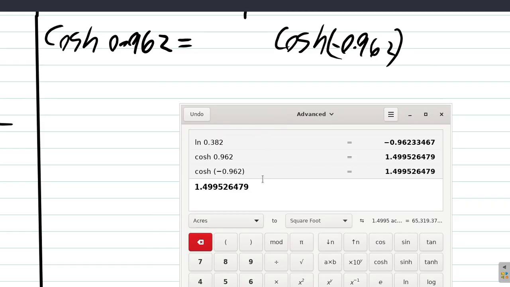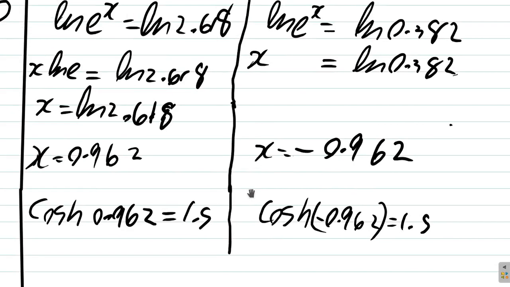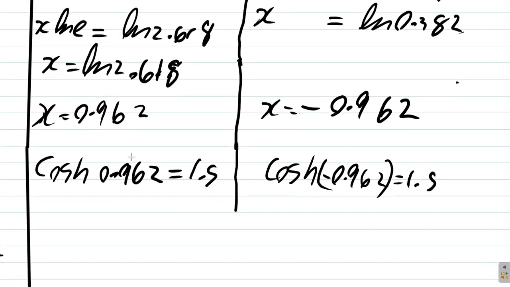So cosh on one side, cosh on the other side, both of them say 1.5. So we have two values for x. So x, as a summary, you can say x is equal to positive and negative 0.962.